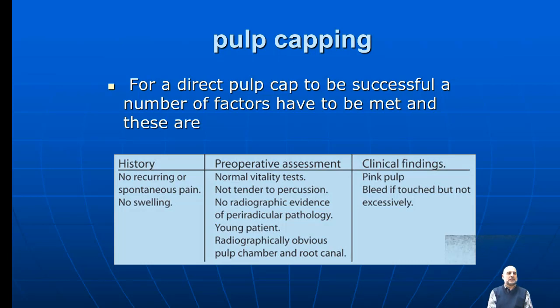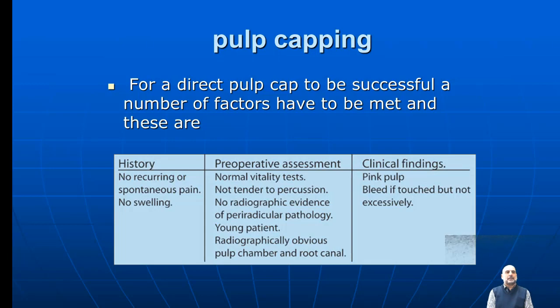As we know, in an old patient, there is a decrease in blood vessels inside the pulp, an increase in fibrous tissue, and a decreased ability to build up dentine to close the exposure site. Radiographically, an obvious pulp chamber and root canal, because one type of inflammation may cause calcification of the pulp chamber and root canal.